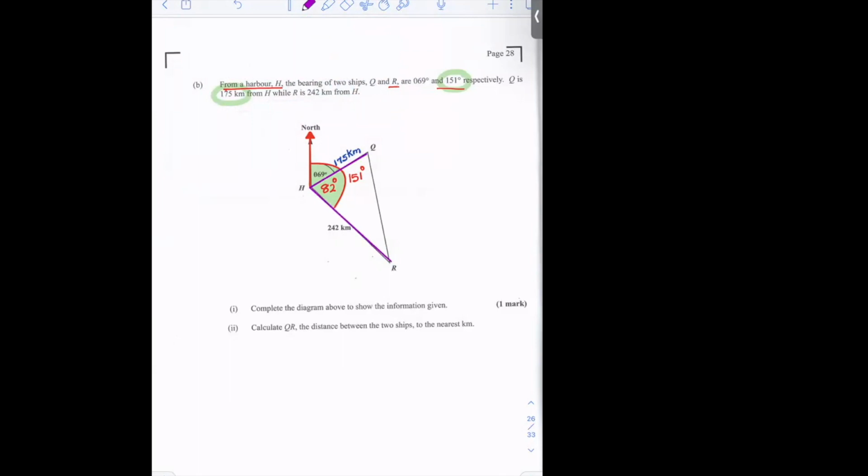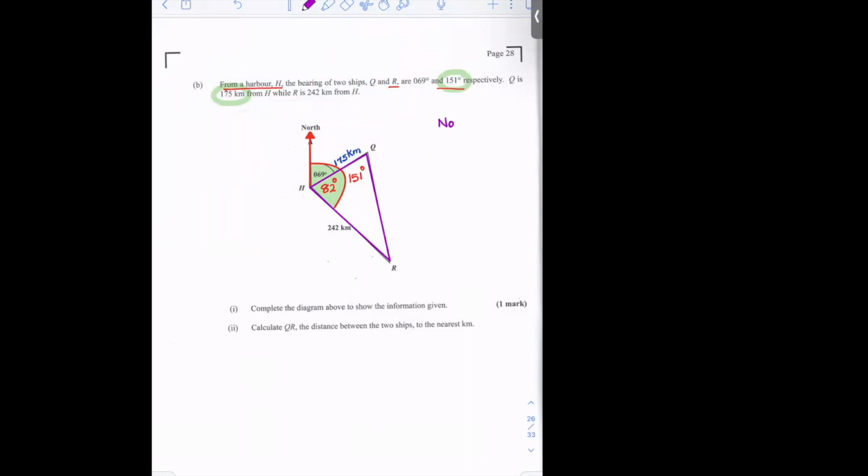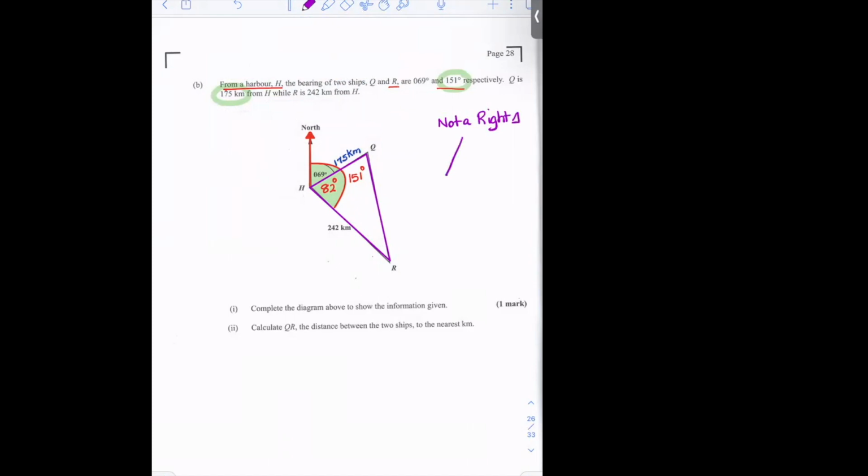No, miss. So if it's not a right triangle, to find the missing sides, what do I use? What are the rules? Cosine rule or what? Sine rule.